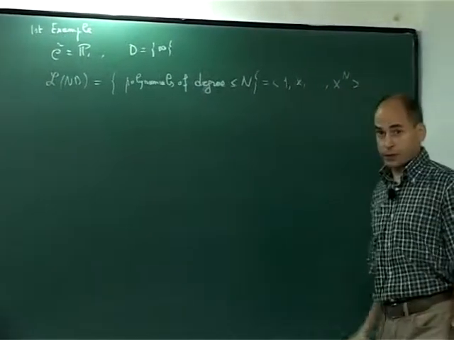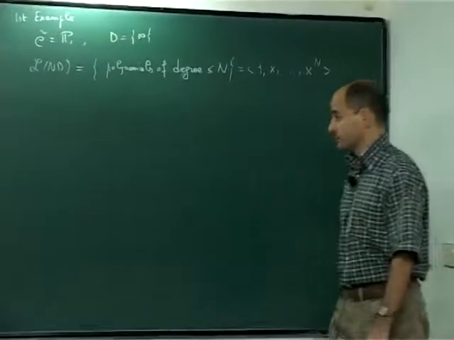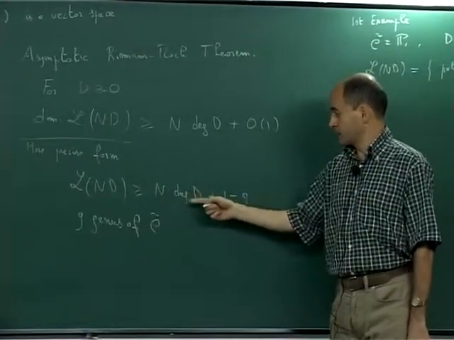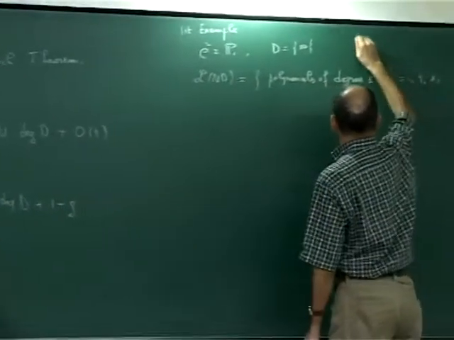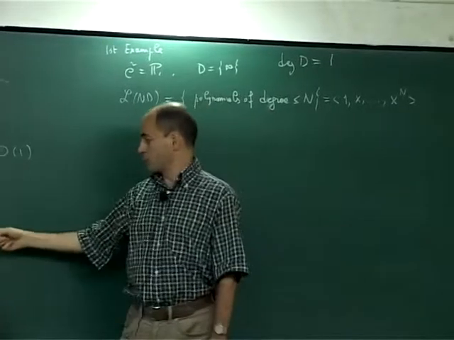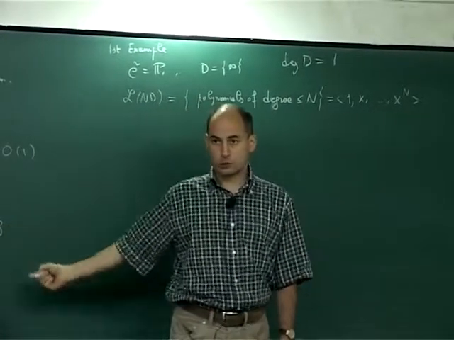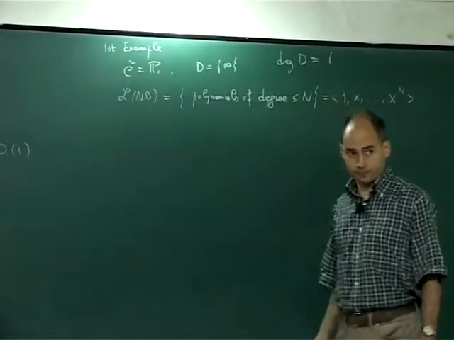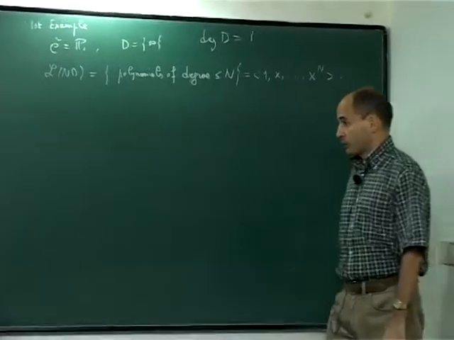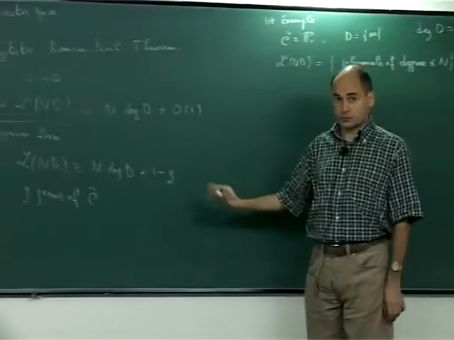So there are n plus 1 elements, so you obtain n times the degree of D, which is 1, plus 1 minus 0, since the genus of P1 is 0. And so you have the exact formula with no exception.